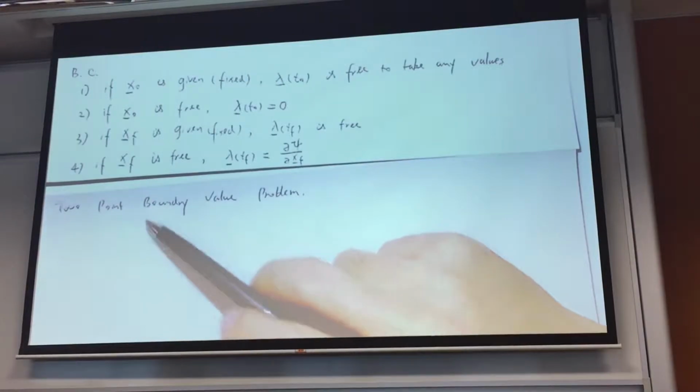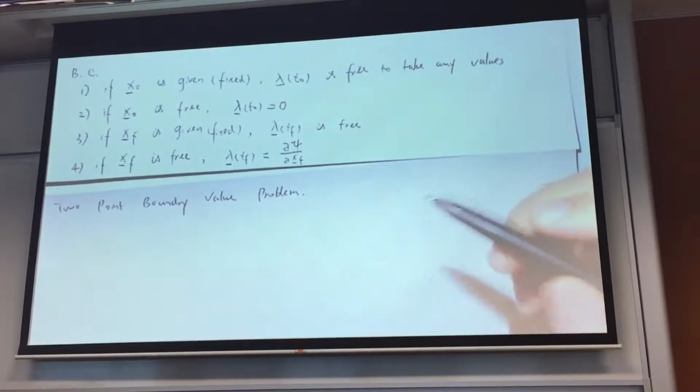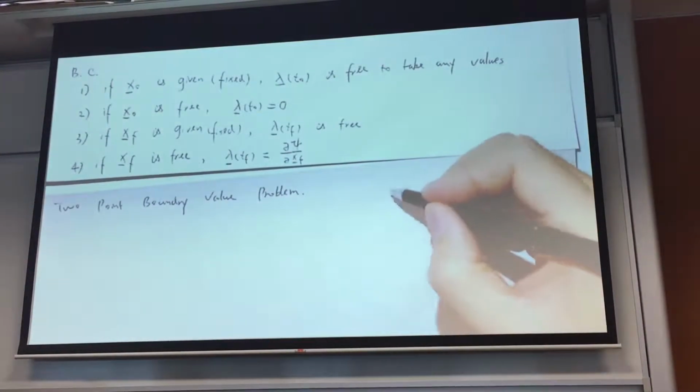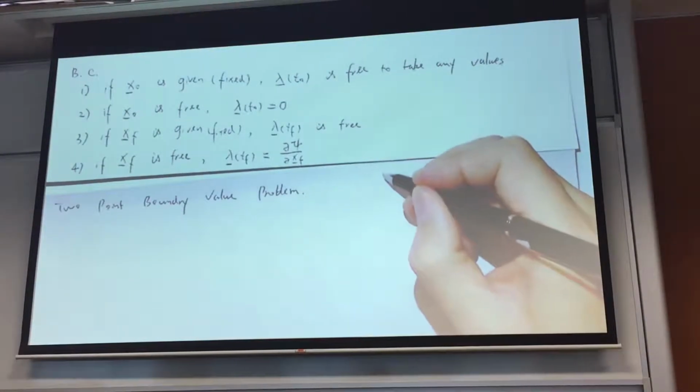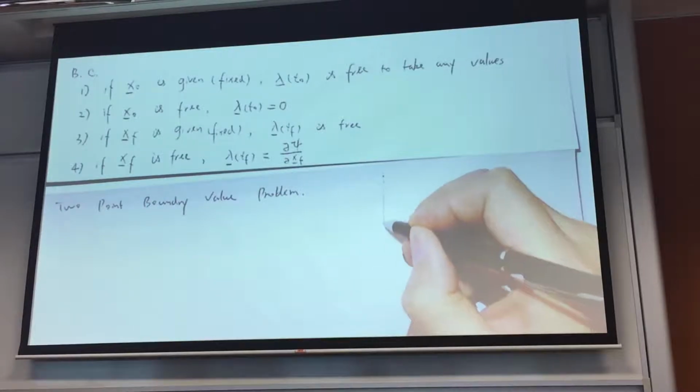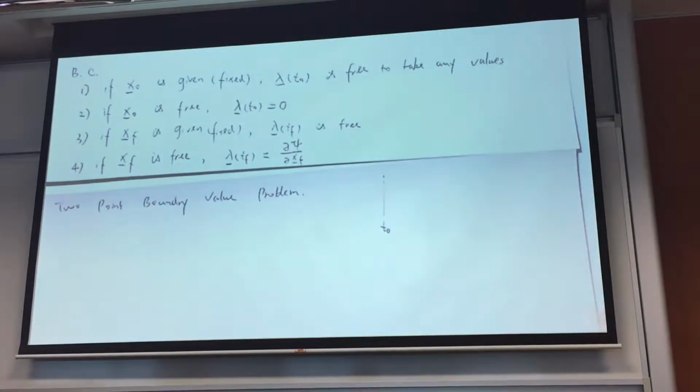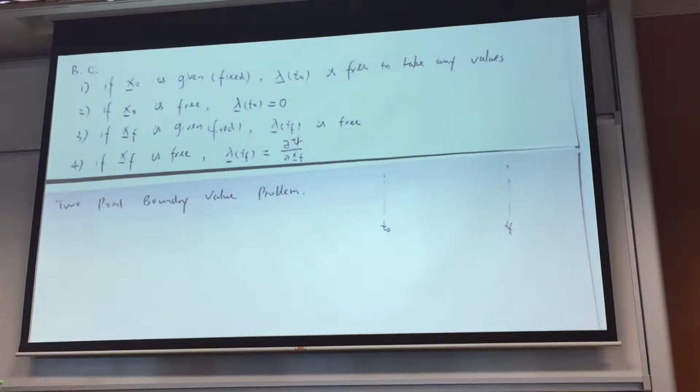It's known as a two-point boundary value problem because you can think about it like this. Assume we have a starting time of t0 and a final time of tf.